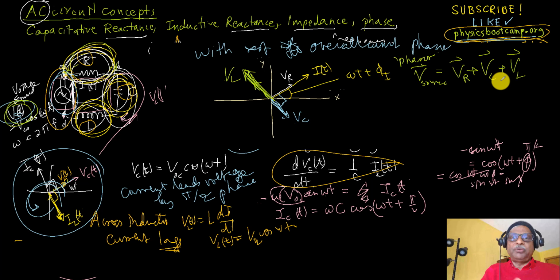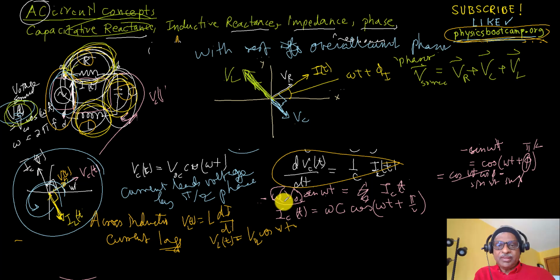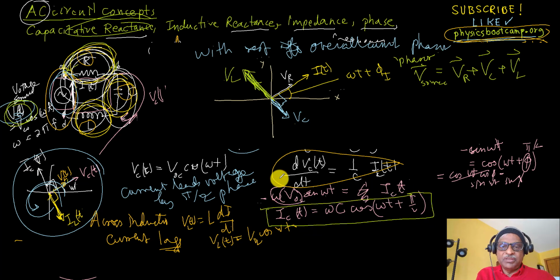Okay, so now I want to go back to the reactances. With the capacitor, we saw that IC is equal to omega C V0 cosine of omega t plus pi over 2.